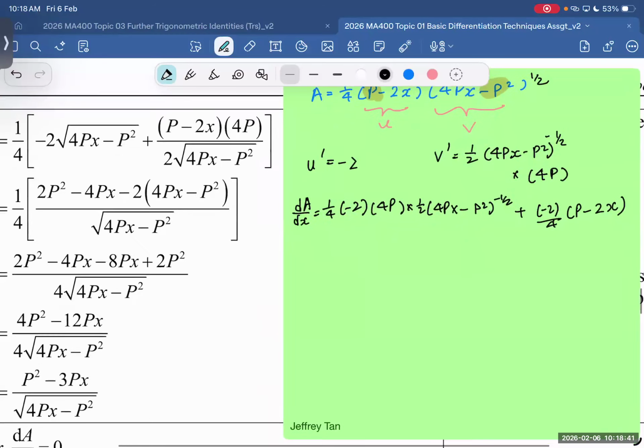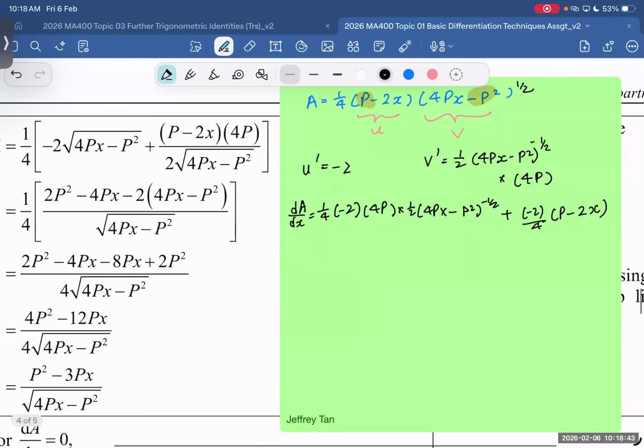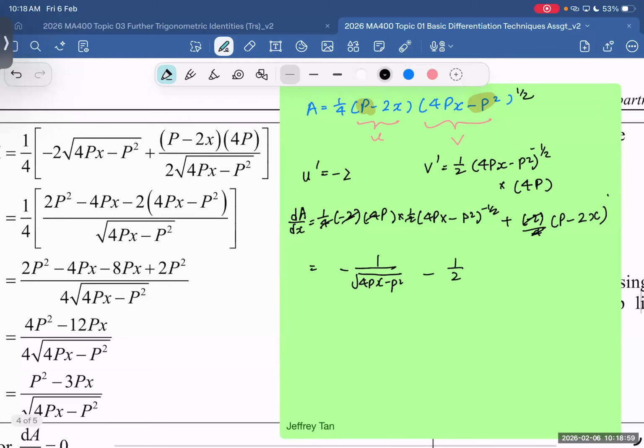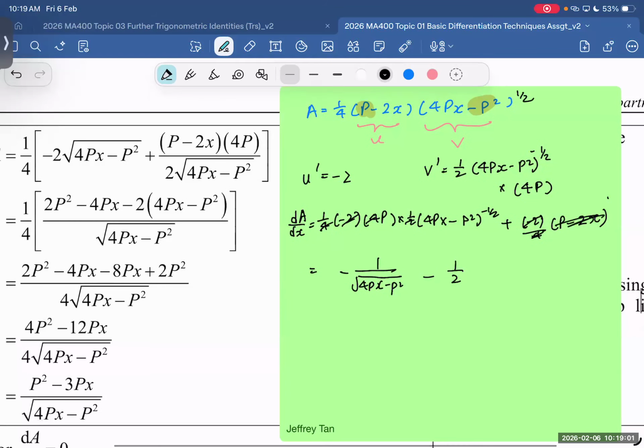So this is U prime times V. Okay? And eventually you simplify this one. This cancels. So I think negative 1 times square root of 4px minus p squared. Over here, this is minus half, the power is half, right? 4px minus p, power half.